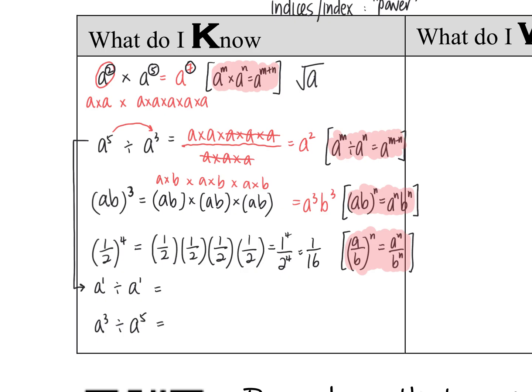So it ends up being A to the power of what? 0. But you also know that when I have A over A, they cancel one another out and you have 1. So the next rule, although it's not very obvious, they tell you that if you raise anything to power 0, it's equivalent to 1. Okay, so that's rule number 5.